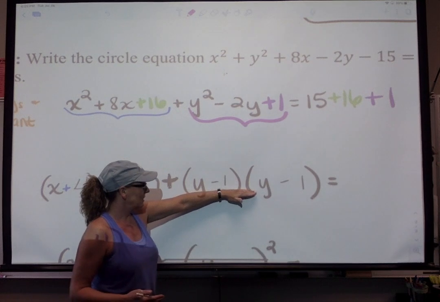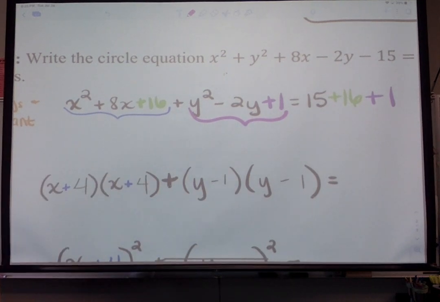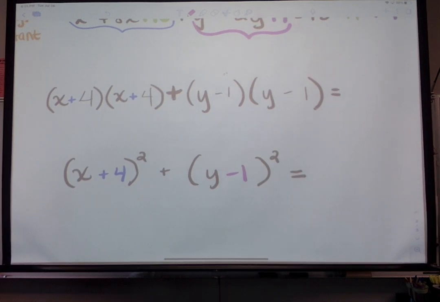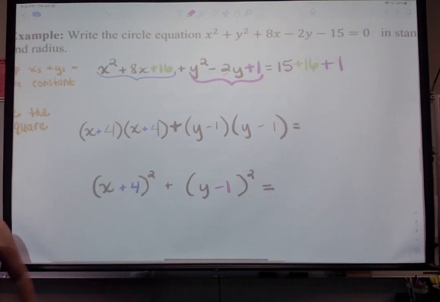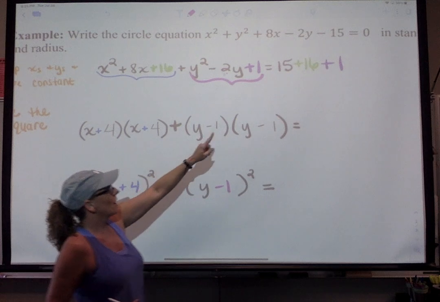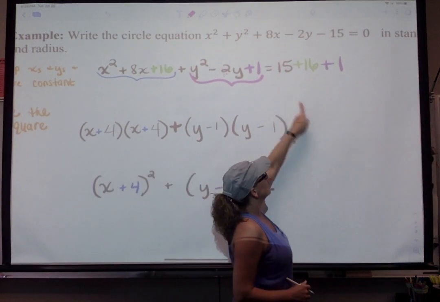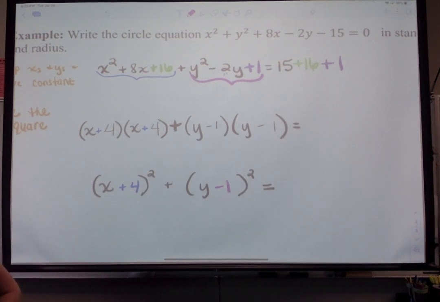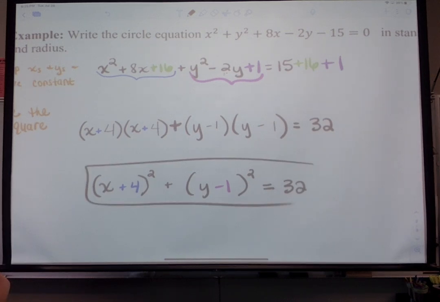So a rewrite to here, which can be written as y minus 1 squared. Now I wonder what's on the right-hand side. Well, on the right-hand side used to be 15. Now it's 15 plus 16 plus 1. There's your equation for your circle.